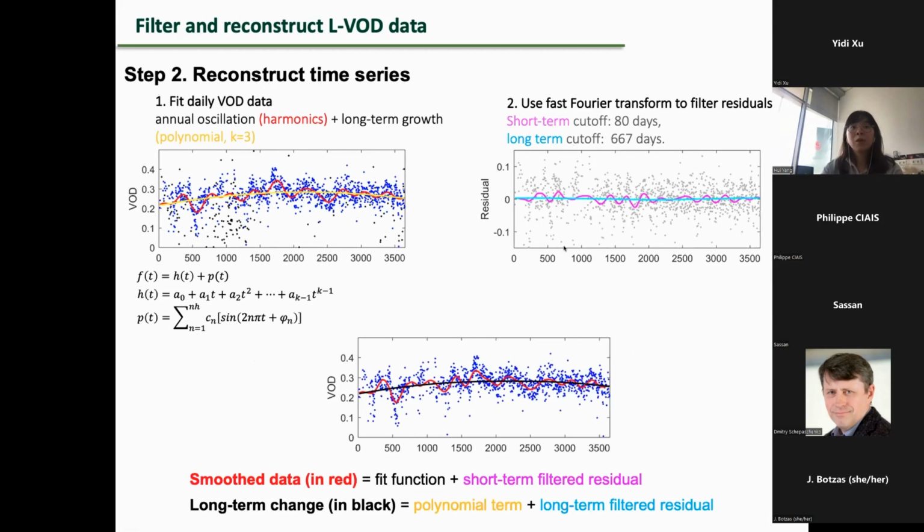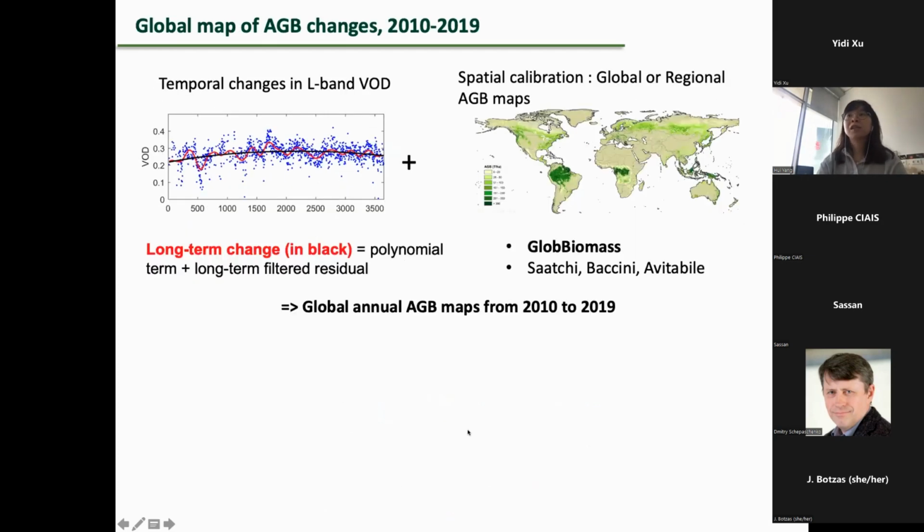After that, we have a reconstructed LVOD data, which has different time scale variability, like long-term change and seasonality change. Then we use the spatial relationship between LVOD and the biomass to get the annual biomass map.